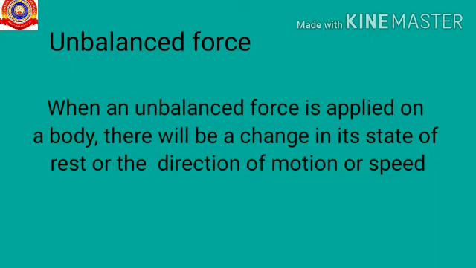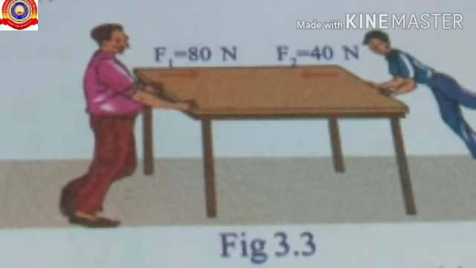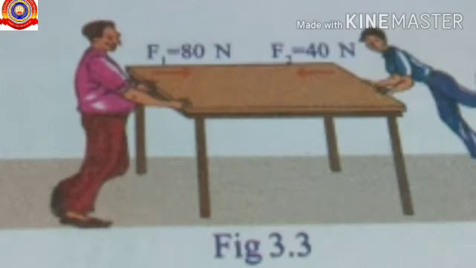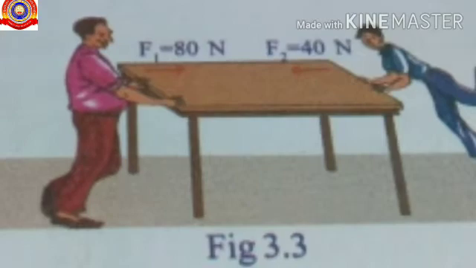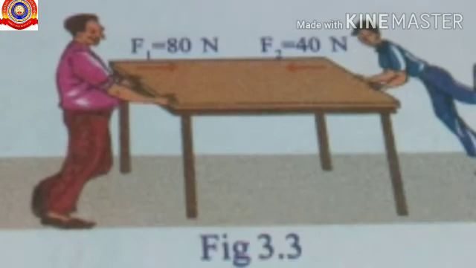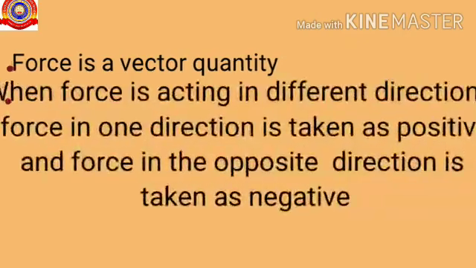Next one is unbalanced force. When an unbalanced force is applied on a body, there will be a change in its state of rest, the direction of motion or speed. In the third figure, F1 equals 80 Newton and F2 equals 40 Newton, and the total force is 40 Newton, and the motion happens in the direction of F1, that is 80 Newton.